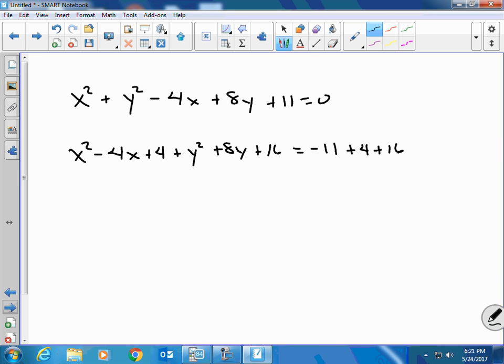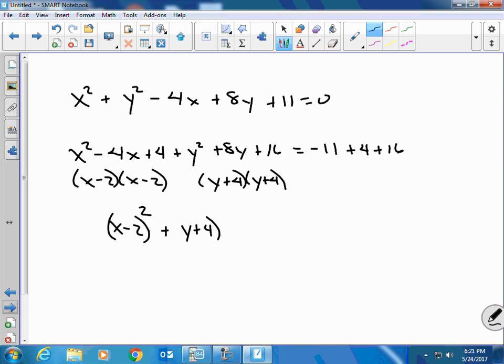Now, this over here factors into (x − 2)(x − 2), which is (x − 2)². This factors into (y + 4)(y + 4), which is (y + 4)². The right-hand side, I get −7 + 16 is 9.